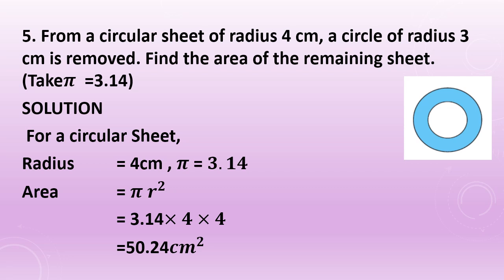Now we have to find the area of the circle to be removed. So how to find the area of the remaining sheet? Yes, we have to subtract the area of the circle from the area of the circular sheet. So we get the area of the remaining sheet. Now we have to find the area of the circle to be removed. So for a circle, radius equal to 3 centimeter and pi equal to 3.14.